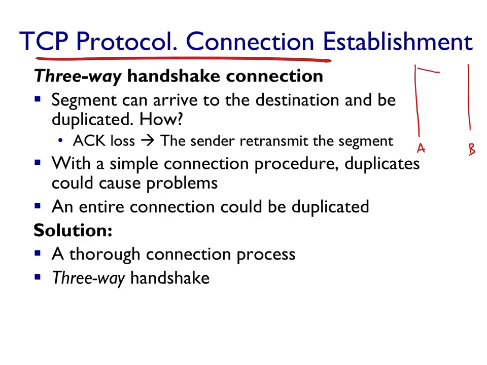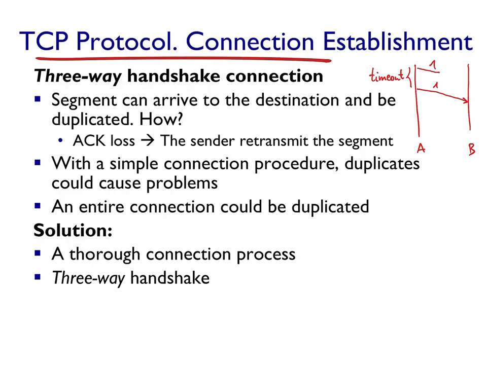Imagine that there is some congestion in the network. Then, since every segment must be acknowledged, if we don't receive the corresponding ACK after a timeout, I have to retransmit it again.